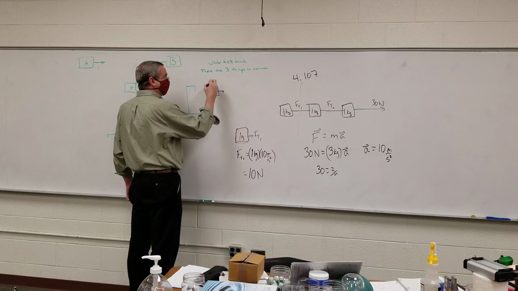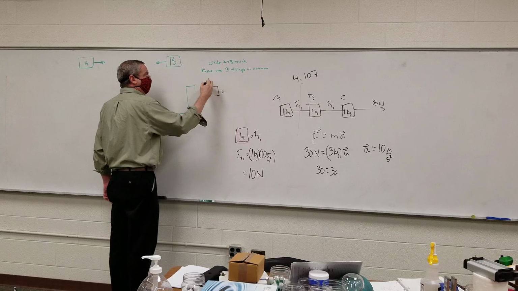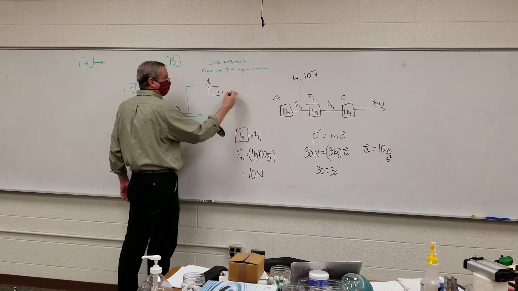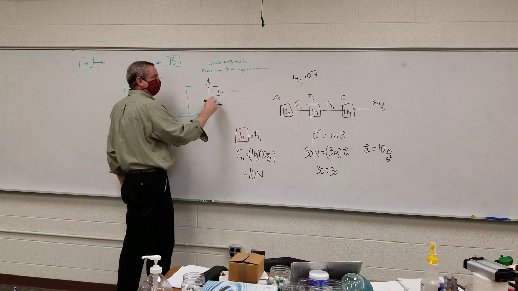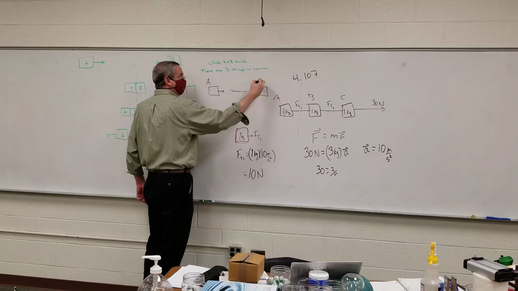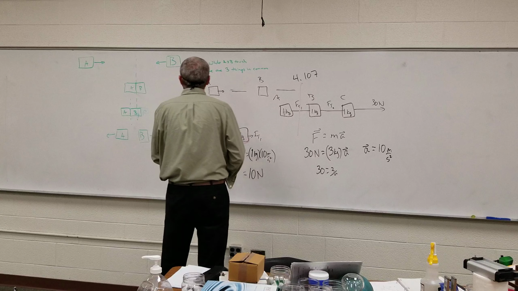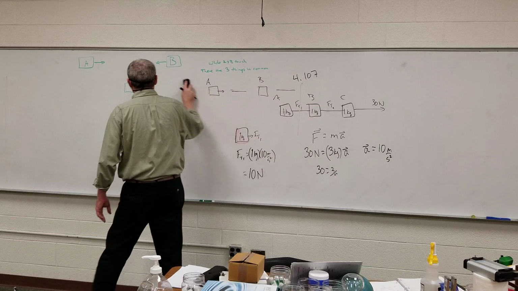So I'm going to call this A, B, and C. If I did a full force diagram, I've got mass A, a rope, mass B, and a rope. I'm running out of room here.